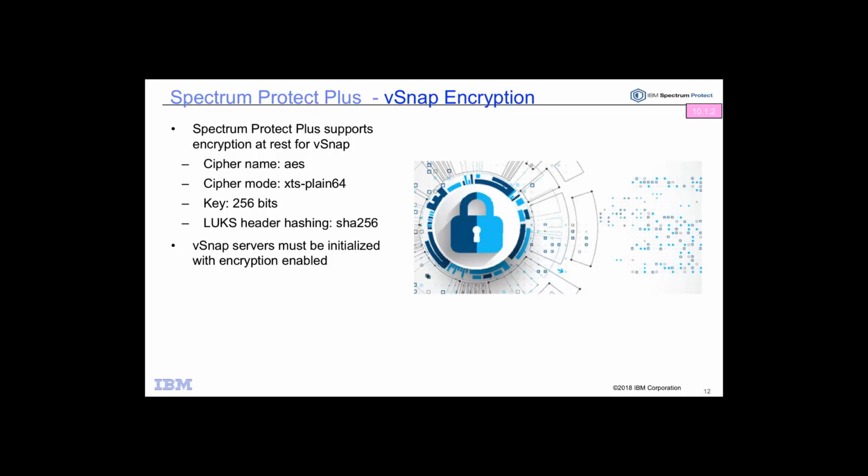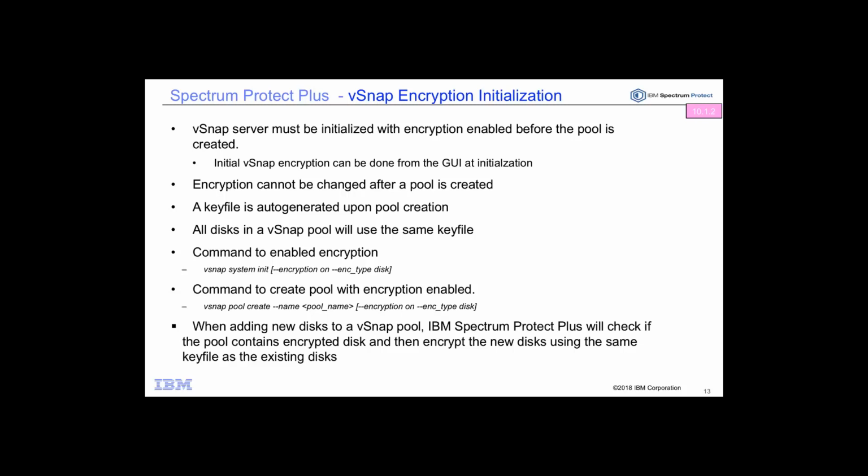In order to use encryption with a VSnap repository, you must initialize the VSnap with encryption enabled. So you can't go back and turn encryption on for an already existing VSnap. You have to start with it enabled.